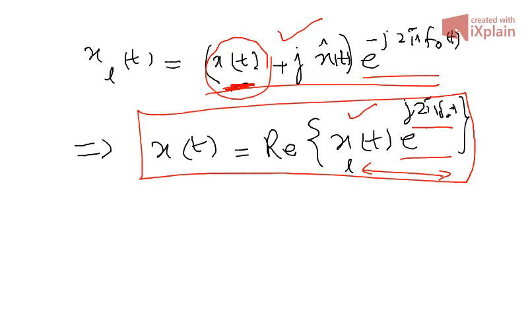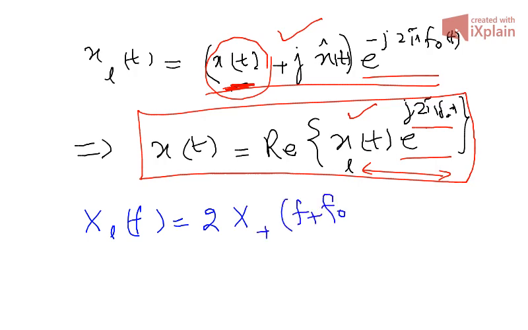Now we already have another equation, which we wrote for the spectrum of our low pass equivalent signal. The spectrum is 2 times X plus f naught, and we said that this is equal to 2 times X(f plus f naught) u(f plus f naught). We already derived it.